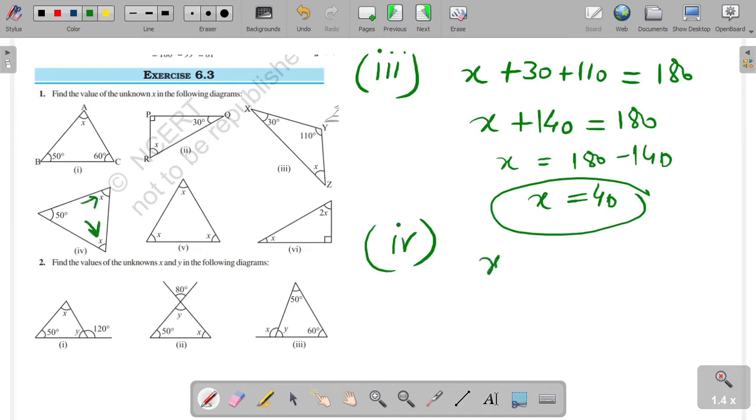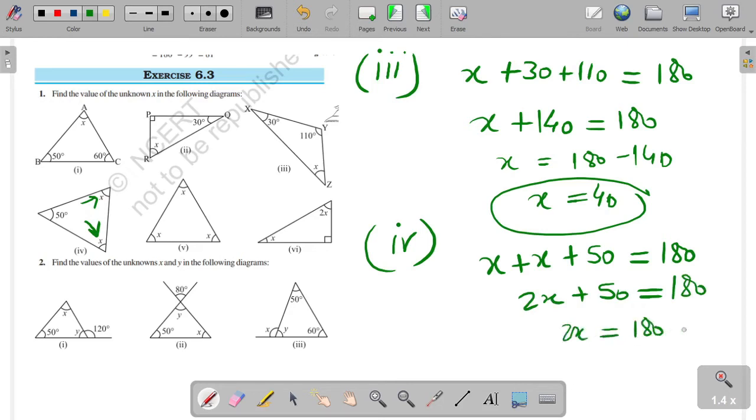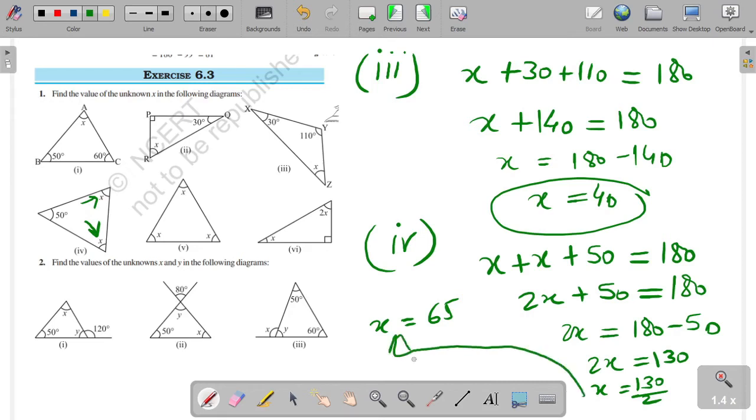So we write it like this: x plus x plus 50 equals 180, or 2x plus 50 equals 180. 2x equals 180 minus 50, or x equals 130 upon 2, or x is equal to 65. So this is the fourth part.